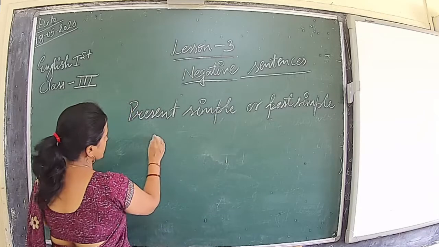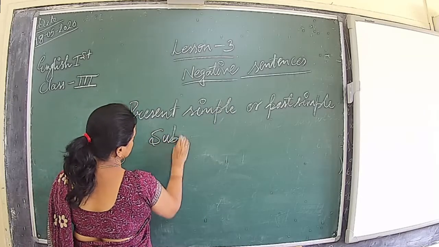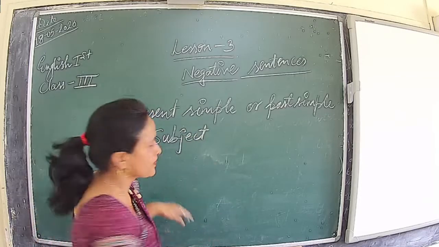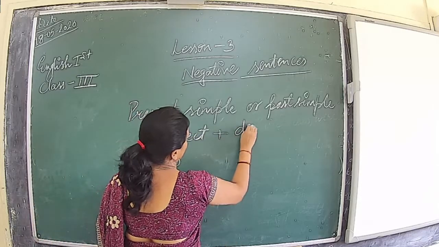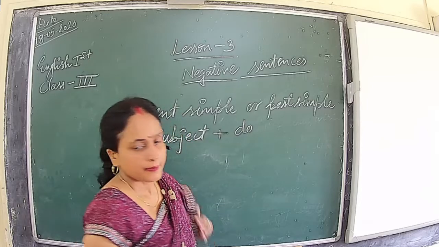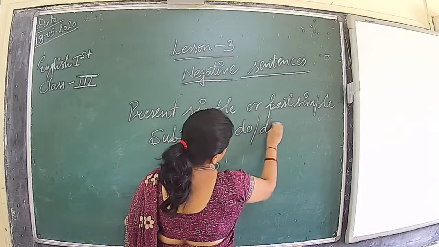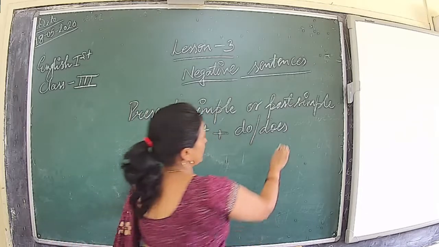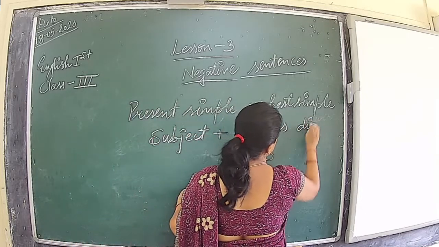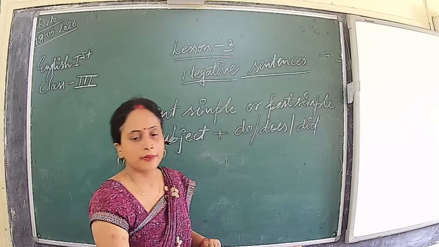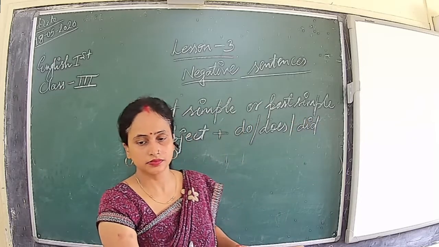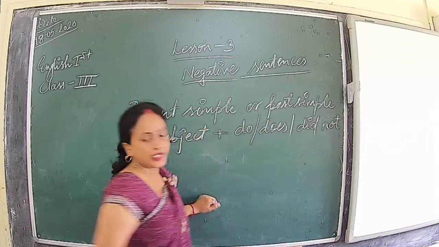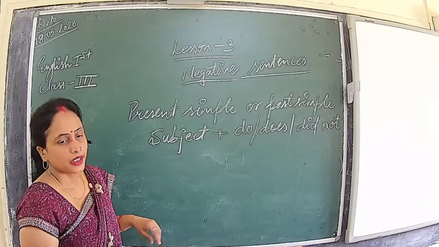So the rule for this is: subject. As you know, sentences start with the subject. Subject plus do, does, did, plus not.